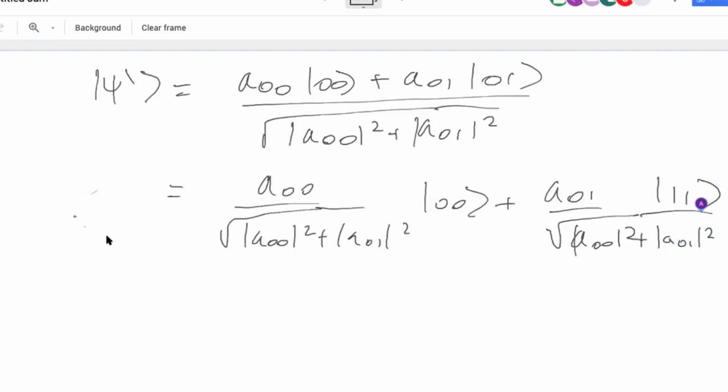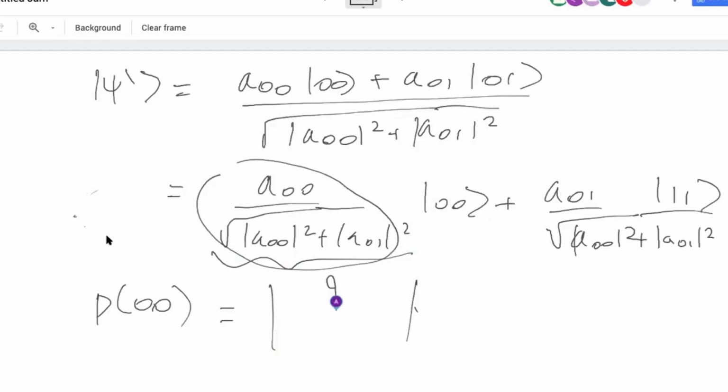Then the probability of 0,0 by Born's rule is simply the norm squared of this whole thing. If you calculate it, this is exactly equal to this. Makes sense?